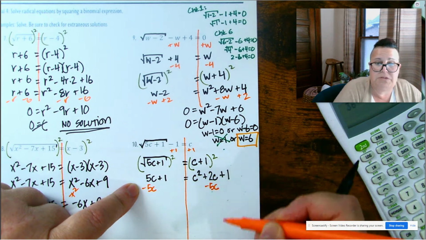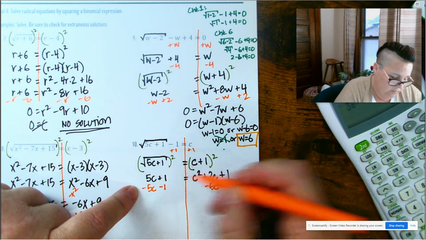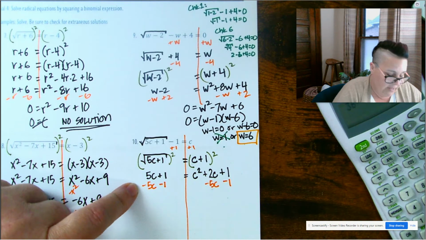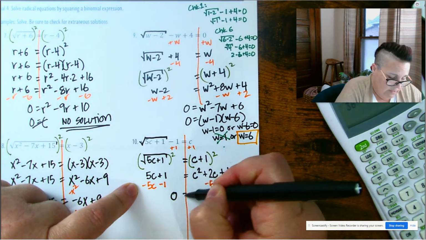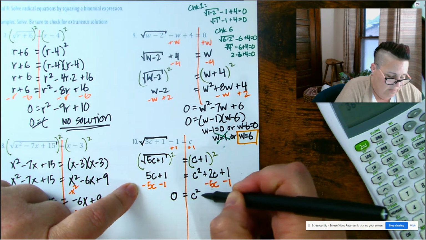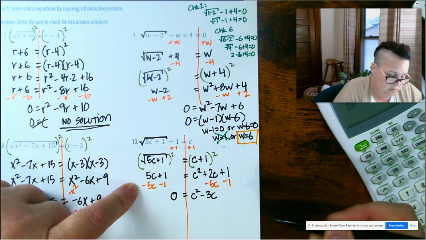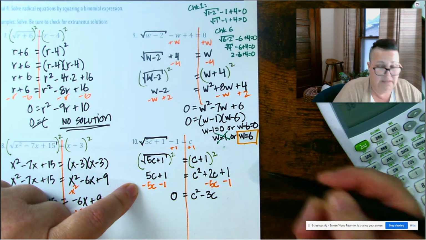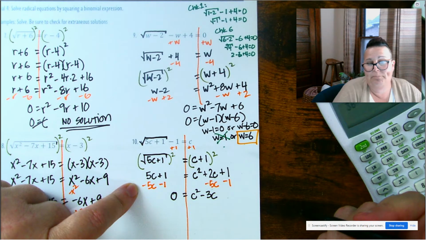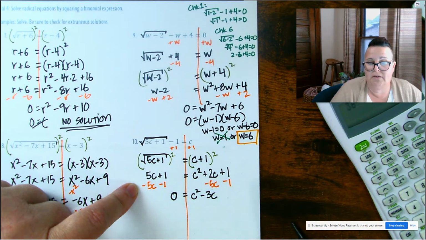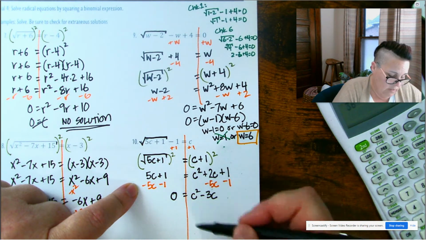I can only work with the 2c, and I want to move the 1 over. That's going to leave a 0 on this side of my equation. c squared minus 3c. Negative 1 plus 1 is 0. Nothing more I can do there. That's going to be a plus 0.